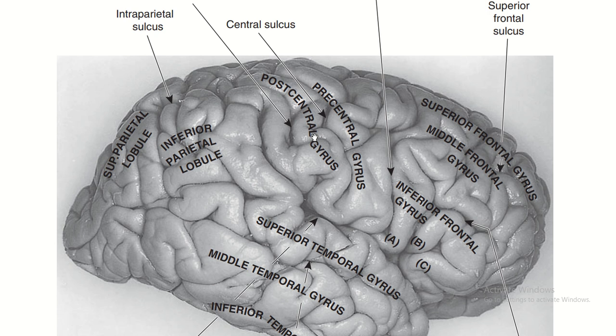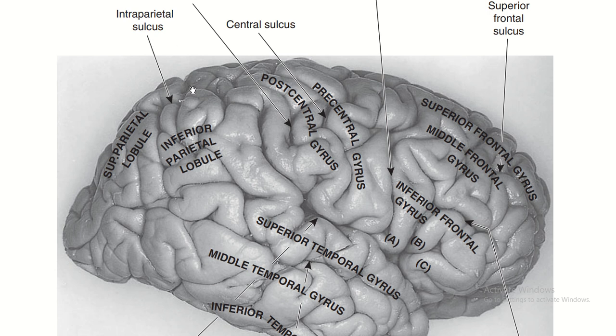That's where you have your taste, vibration, pain, temperature, touch, sexual pleasure. They are all found at the homunculus of the postcentral gyrus. You understand? And then you're also going to have a fissure that is called an intraparietal fissure right here.